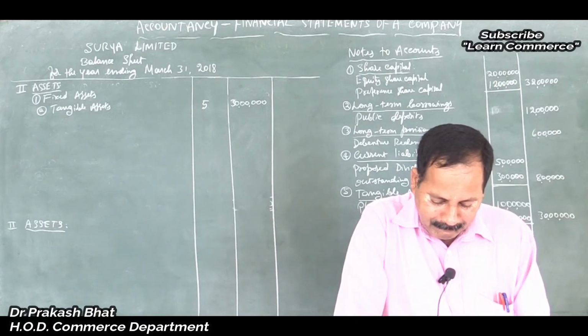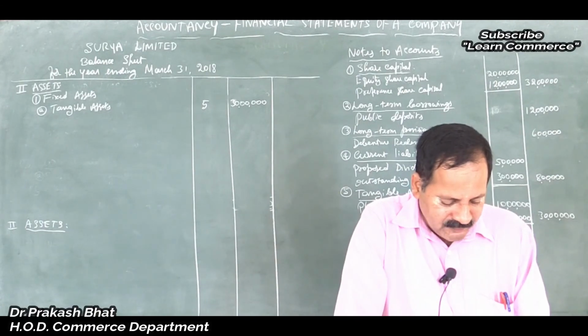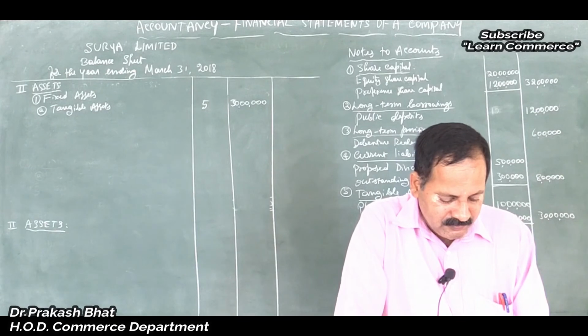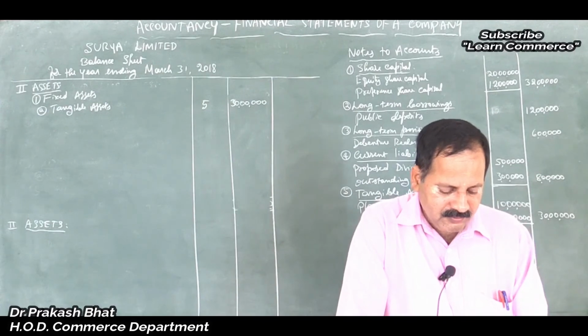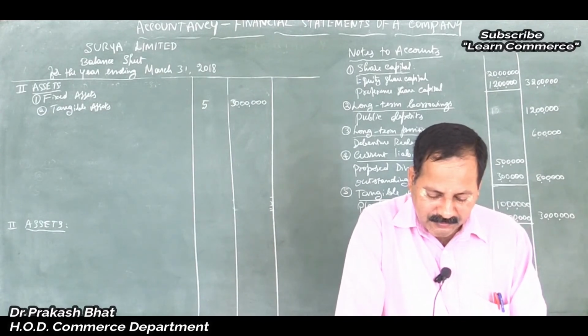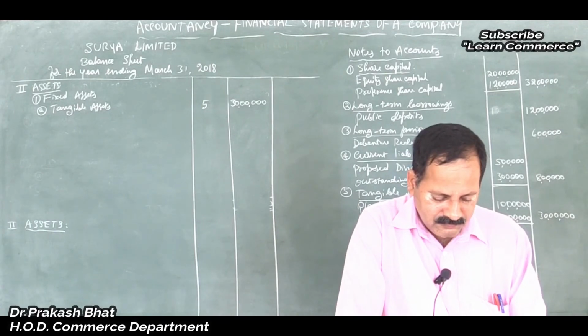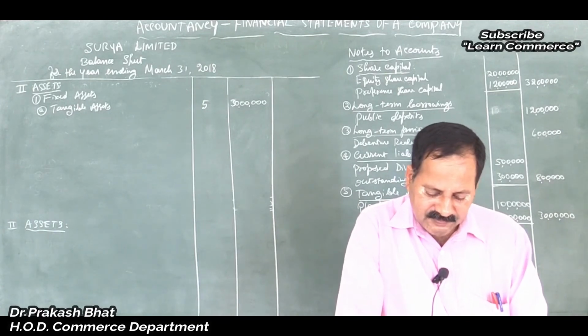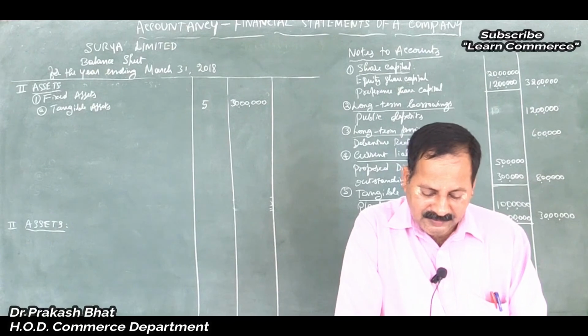So we'll take up the next part, that is long-term loans and advances, not there, right? No. Then other non-current assets are not there.